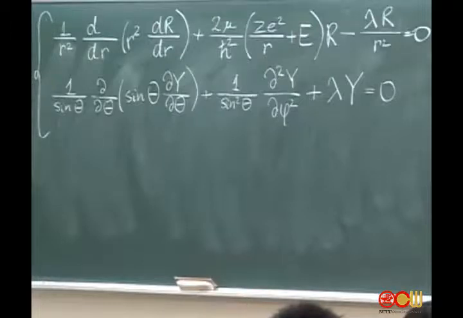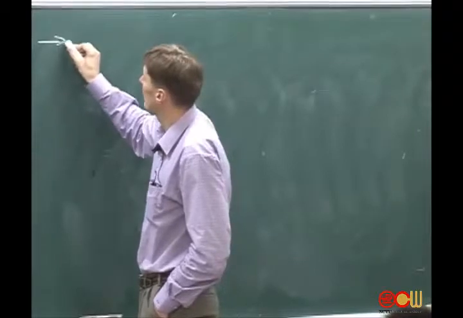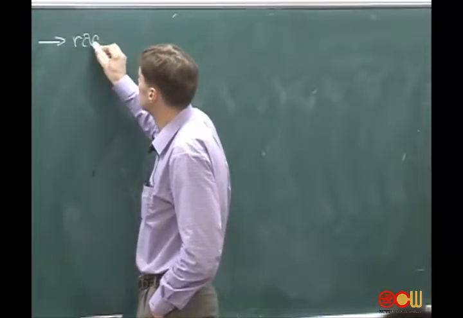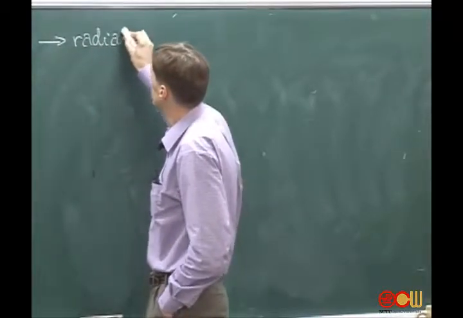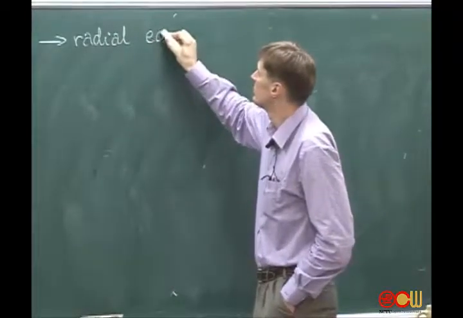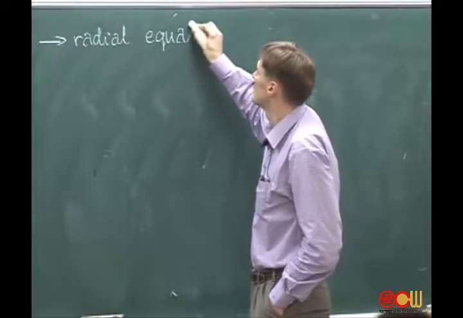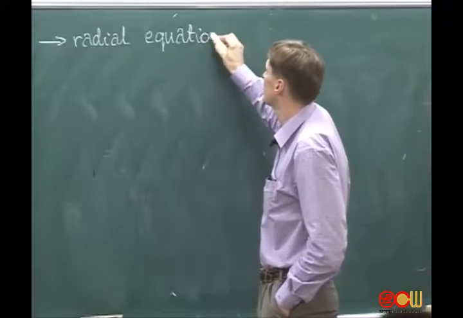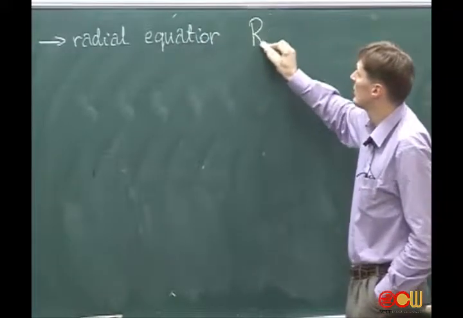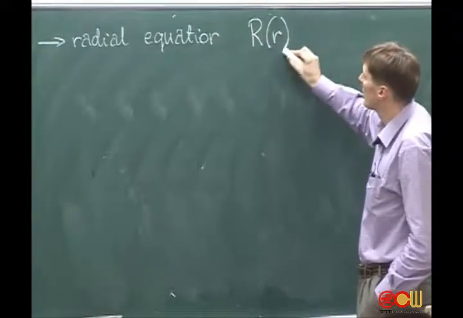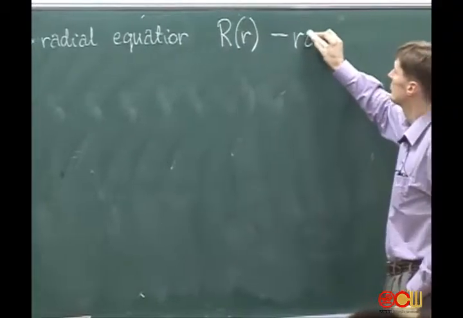So now, these equations have a name. This is called the radial equation. And R, as a function of r, is a radial function.